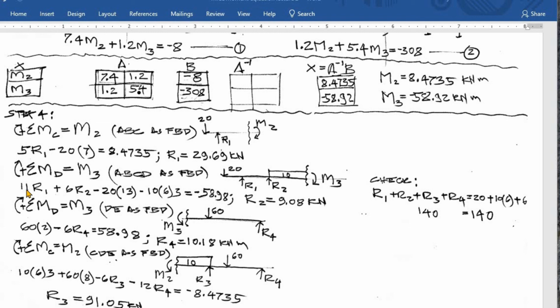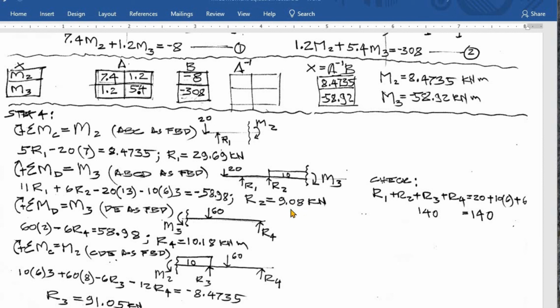Take note, 11 is the lever arm from point D. Then, positive siya kasi si R1 magkokos ng clockwise direction. Okay? Plus 6R2, lever arm ni R2 is 6 from point D. And then, minus 20 times 13 minus 10 times 6 times 3 is equal to negative 58.92. Okay, palitan nyo na lang yan. So, you can solve here the value of R2, which is 9.08.